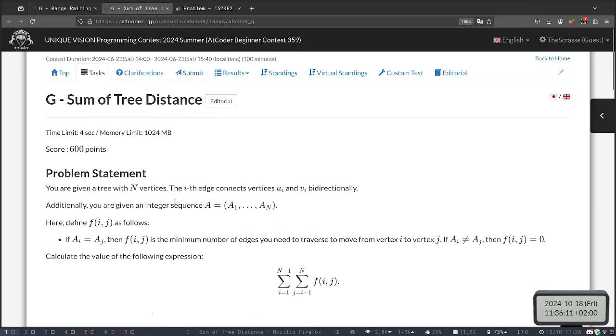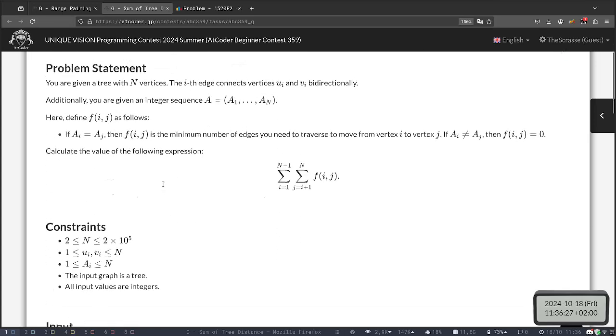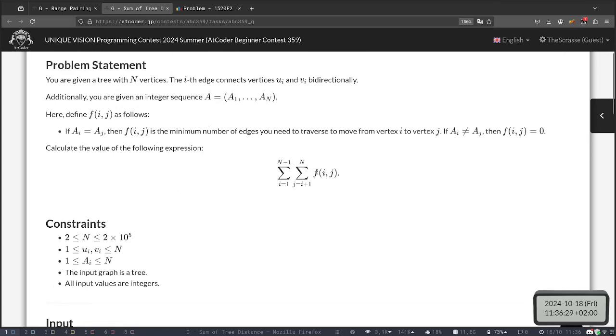Okay, so let's jump to this new problem. Here we have a tree, and okay, again, each node has some color, and we want to determine the sum of distances, where the distance is the number of edges over the path between i and j.